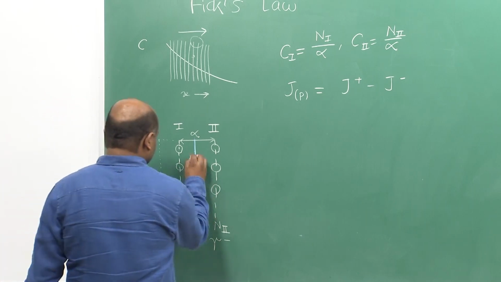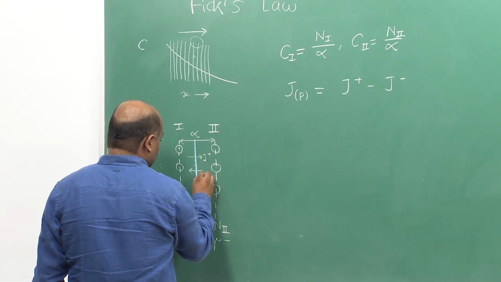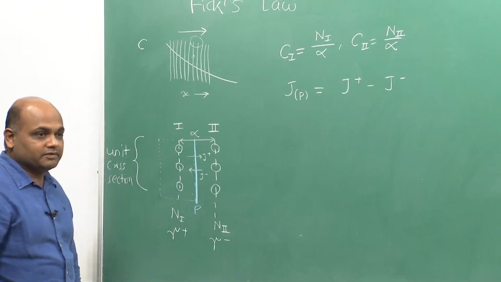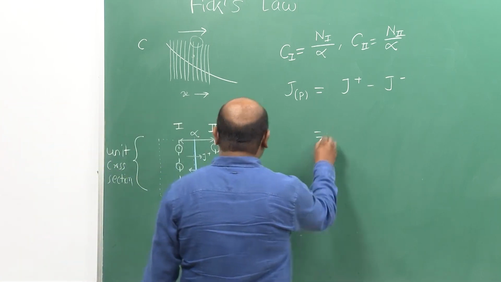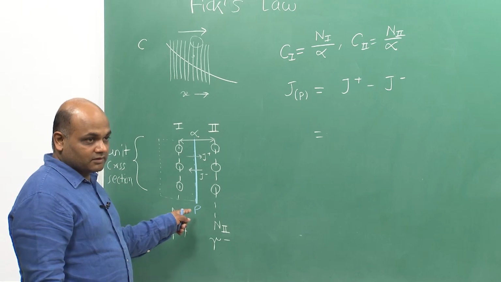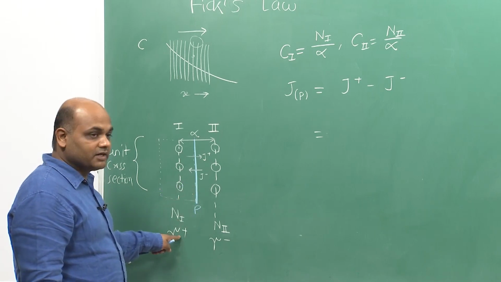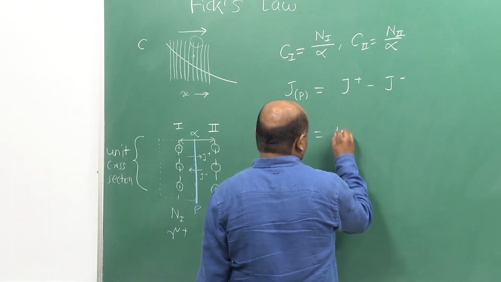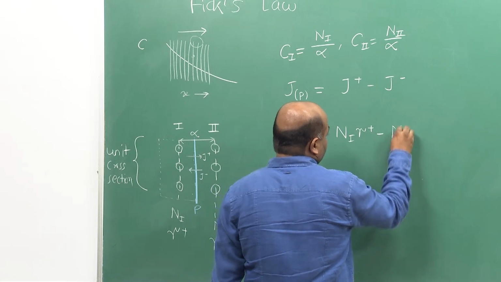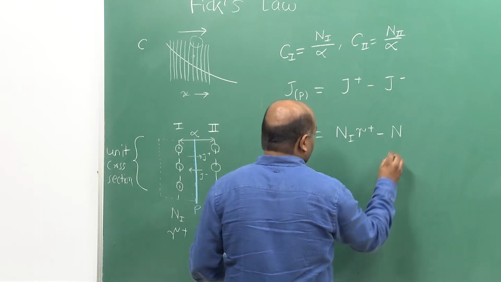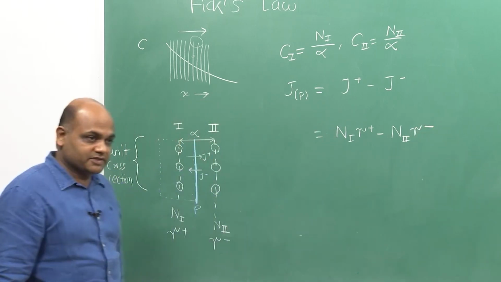Right. So, J plus is from 1 to 2, J minus is from 2 to 1. And what will be J plus? The number of atoms jumping from plane 1 to plane 2 per unit time, that will be n1 times gamma plus, and J minus will be n2 times gamma minus.